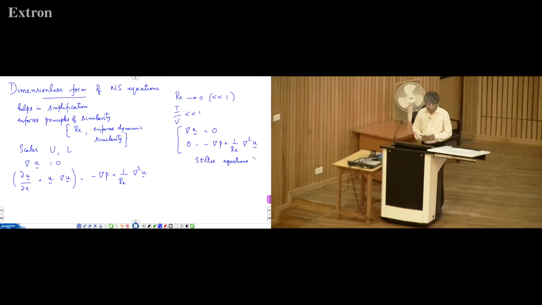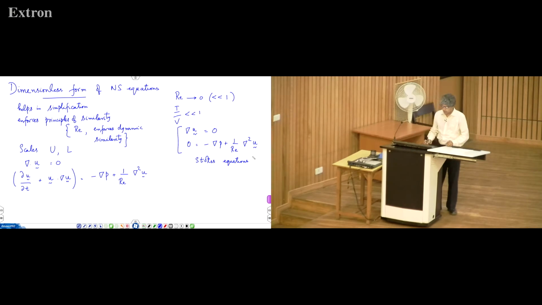Now, usually to solve this problem, we do a del dot of the momentum equation. When you do that, del dot del is del square P, and then del square U, you can interchange del dot and del square, that gives you del dot U, which is 0.